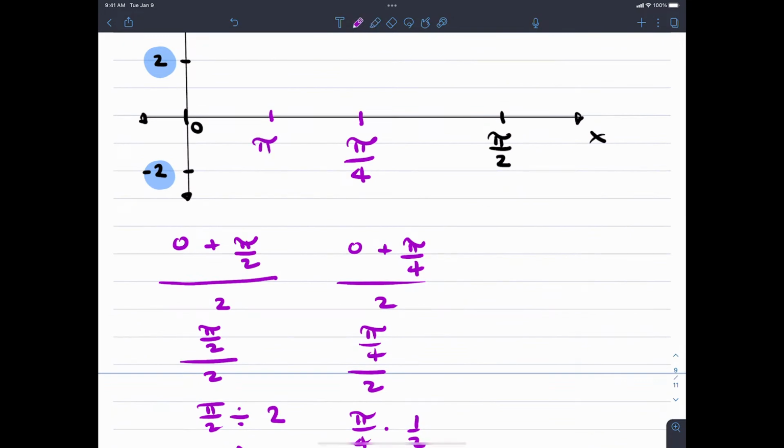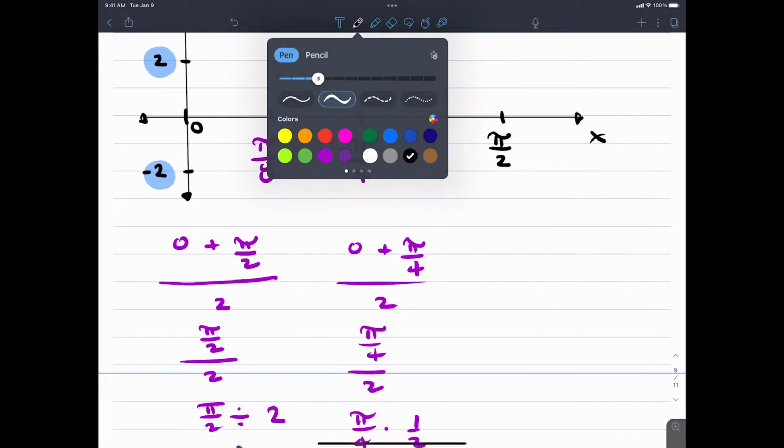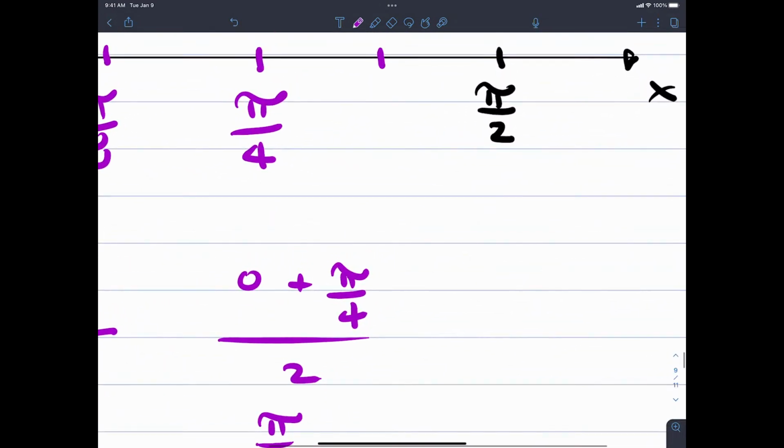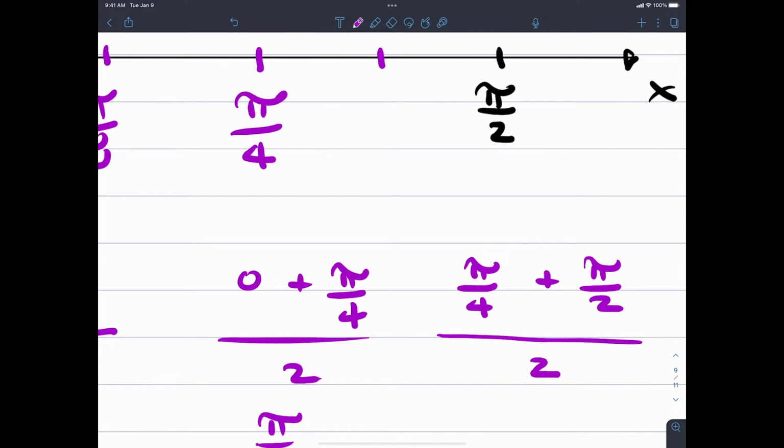All right. Good. Okay, what's the next midpoint? Over here, right? Midway between what? It's pi over 4 plus pi over 2, divided by 2. Okay?